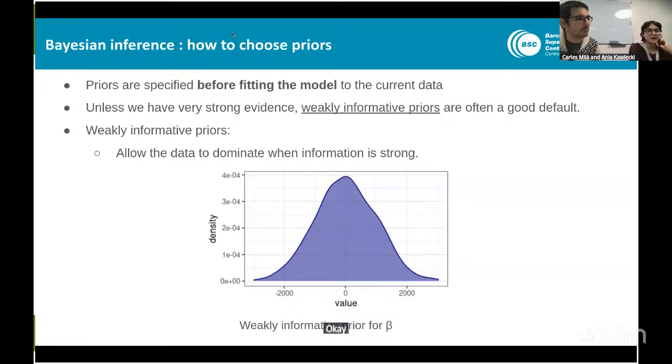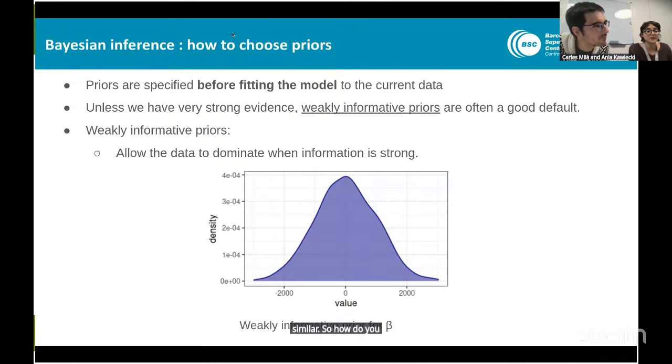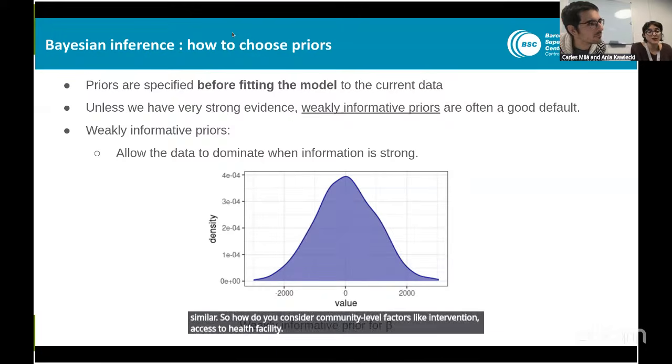Okay. Then there are some interesting questions. How does the spatial model deal with regions where there are recurring changes in administrative areas? And I think the next question is maybe similar: how do you consider community level factors like intervention, access to health facility, or community practice?